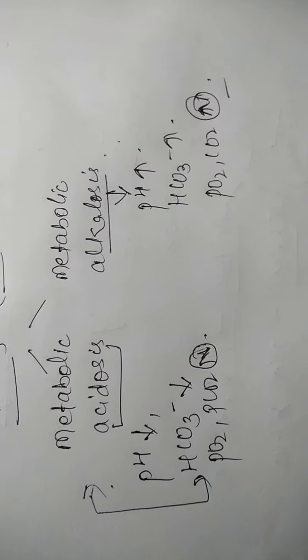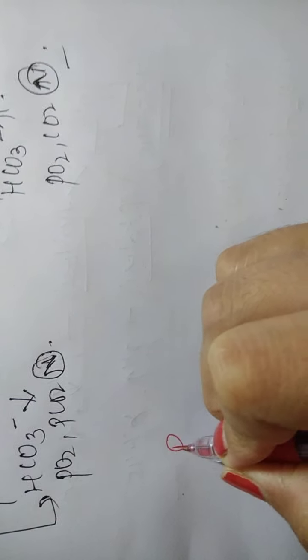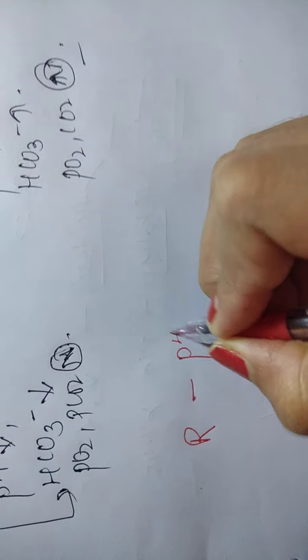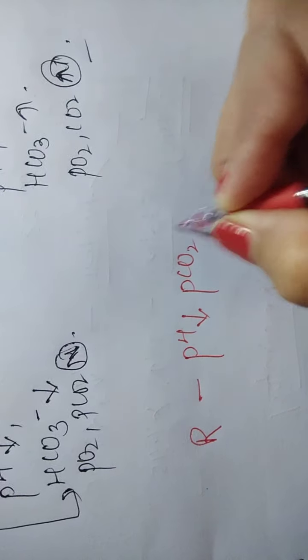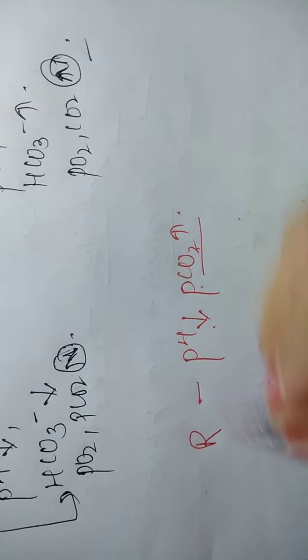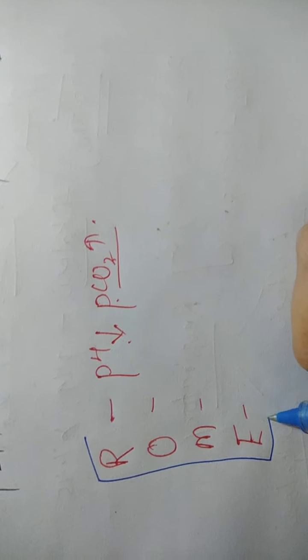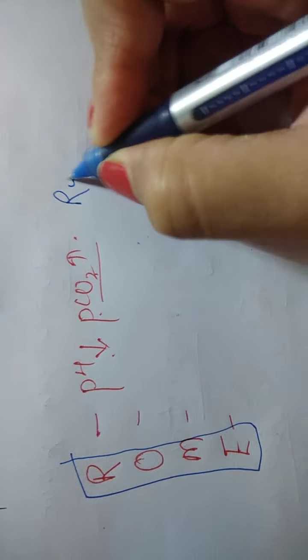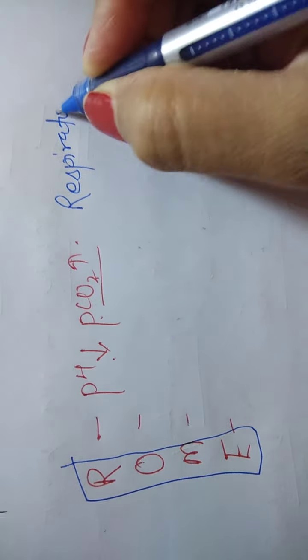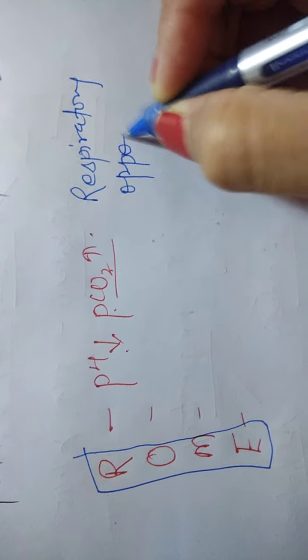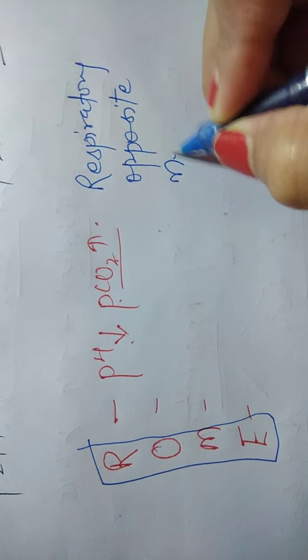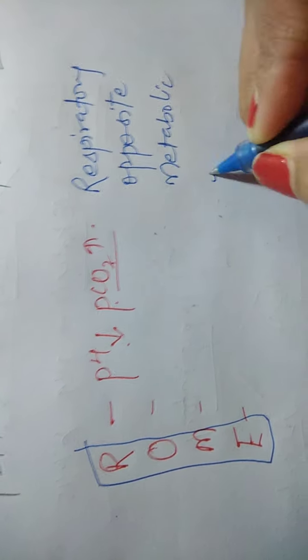Now, you can see that in respiratory, the pH is decreased and the PCO2 is increased. That means they are going in opposite directions. So we will denote these ABG parameters with the help of a mnemonic that we call ROME. R is respiratory, O is opposite, M is metabolic, E is equal.